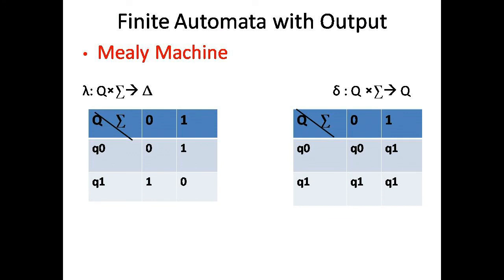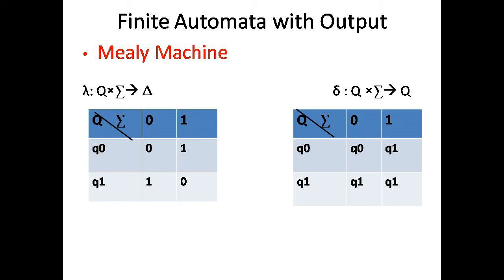This table shows the machine function table and transition function table. Now, in the Q0 state, in the machine function table, if the input is 0, then it will produce the output 0. And if the input is 1, then it will produce the output 1.